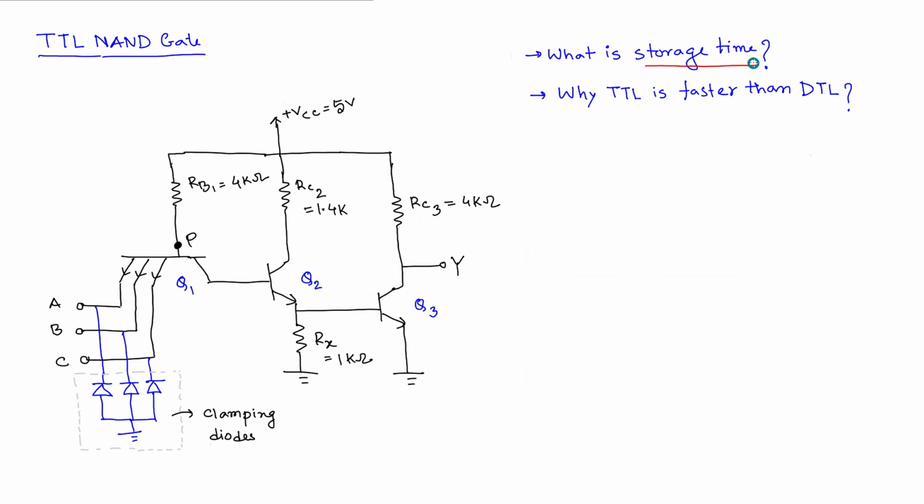The reason for that delay is this: if I draw an NPN transistor, just so that it is easier to understand, it is something like this: N, P, N. The P is the base, this N is the emitter, and this one is the collector.